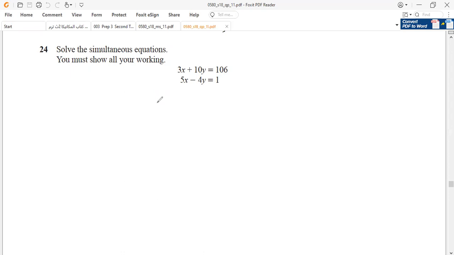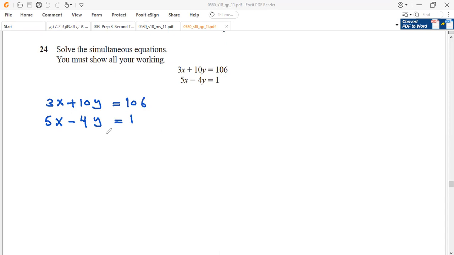Now it will be hard to use the substitution method, so we will use the elimination method. Here's the first equation, 3x plus 10y equals 106, and the other one is 5x minus 4y equals 1.